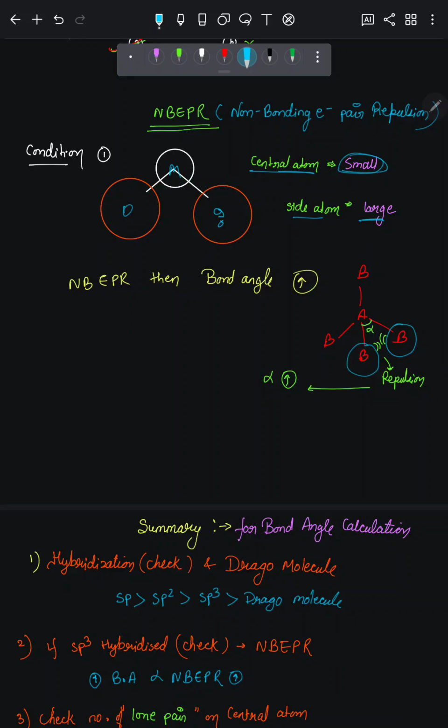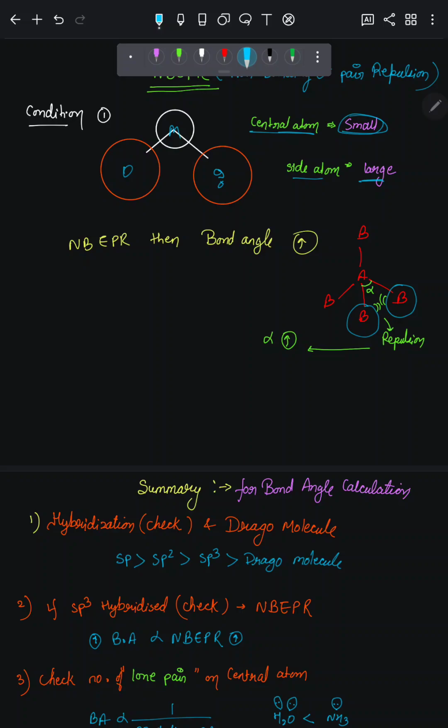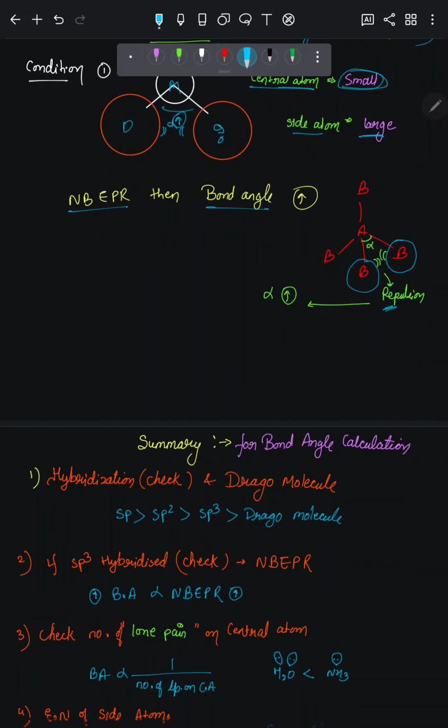This is the condition for NBEPR. Due to the presence of this repulsion, the bond angle between these will increase. So the bond angle will increase due to NBEPR. This is the example, as you can see here, repulsion.